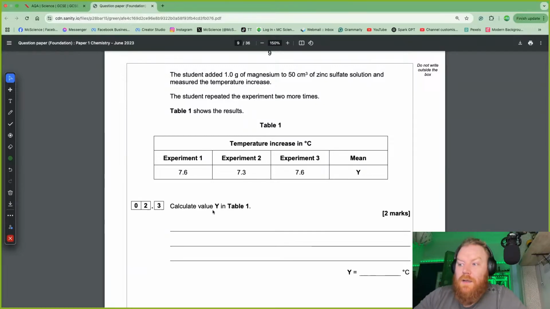So calculating y in table 1 for 2 marks. So this is 1 mark for the actual equation, 1 mark for the answer.